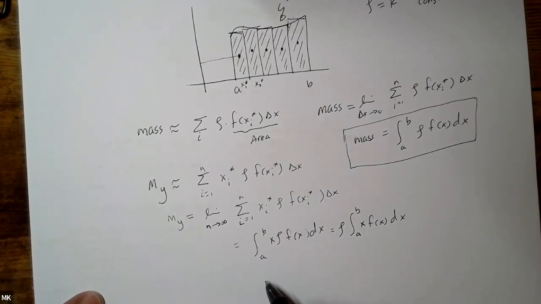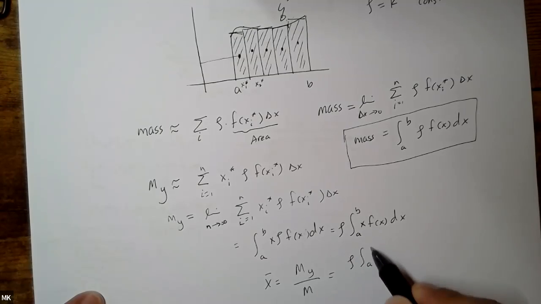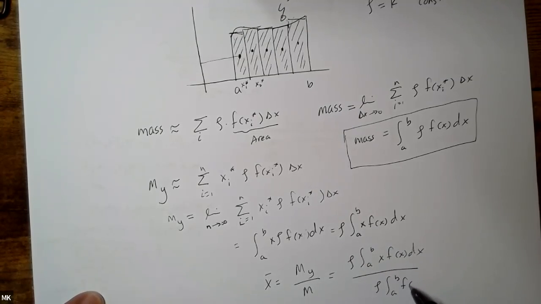So my x bar, which is the moment about the y-axis over total mass, is going to be rho times the integral from a to b of x f of x dx, over rho times the integral from a to b of f of x dx, where the rhos cancel out.